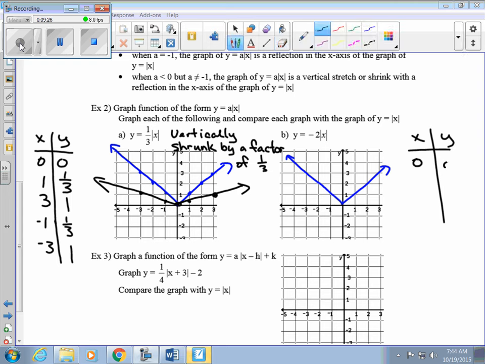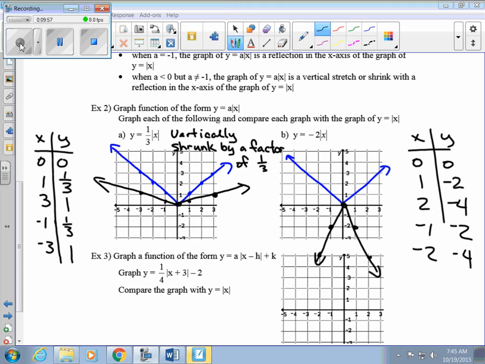Absolute value of 0 is 0 times -2 is still 0. So there's that. If I put in 1, I get -2. If I put in 2, I get -4. If I put in -1, we're going to get -2. And if I put in -2, we're going to get -4. And so there's our graph.